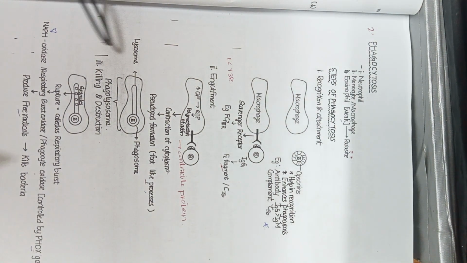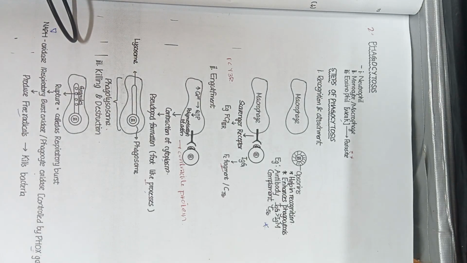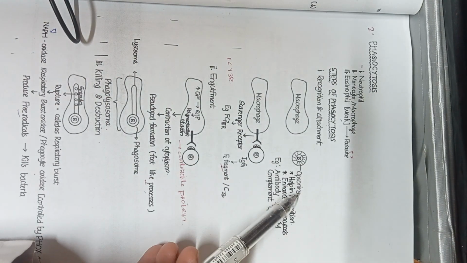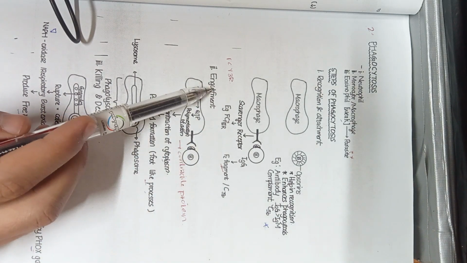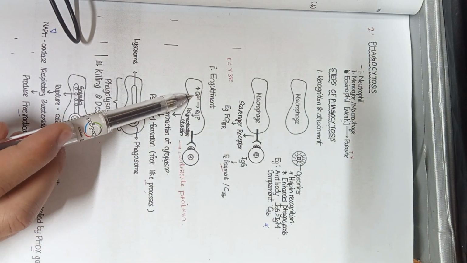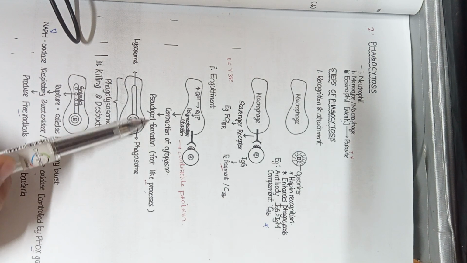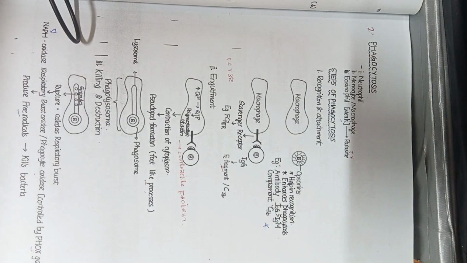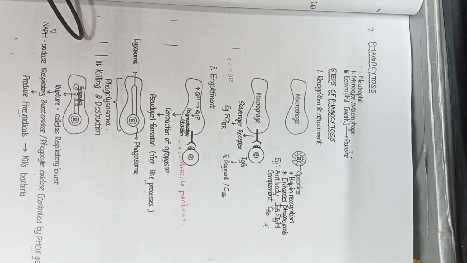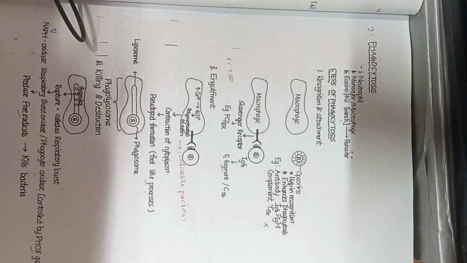So simply, there are four steps: recognition by opsonin, antibody or complement; attachment by scavenger receptor; engulfment, due to increase in calcium leading to pseudopod formation; and the third step, killing by NADPH oxidase, which produces a free radical that is harmful to the foreign or endogenous body.